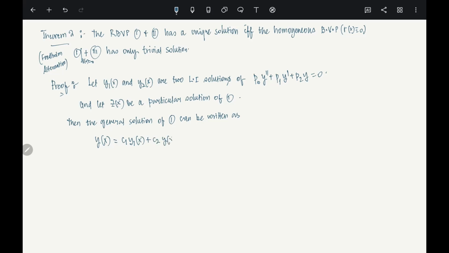You remember this principle: the general solution of the inhomogeneous problem is the general solution of the homogeneous problem plus a particular solution of the inhomogeneous problem. Now if this solves the regular boundary value problem, it has a unique solution.